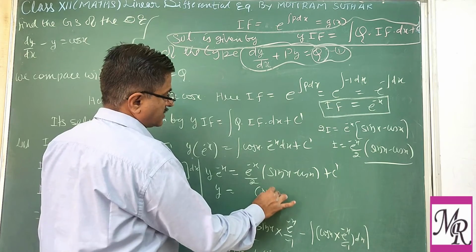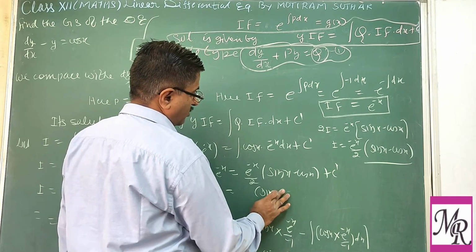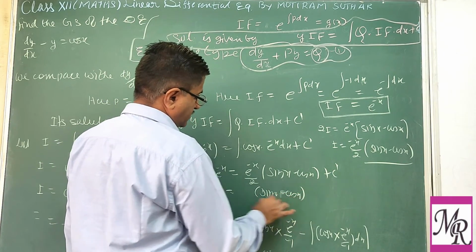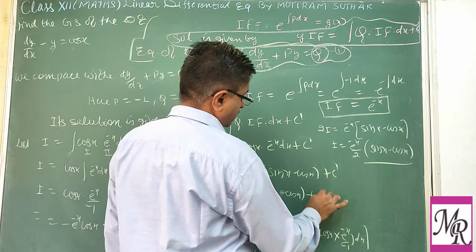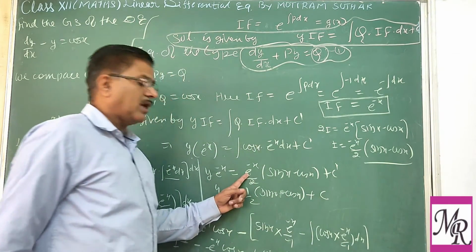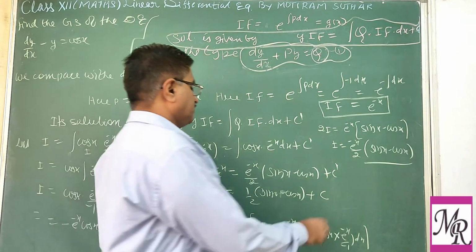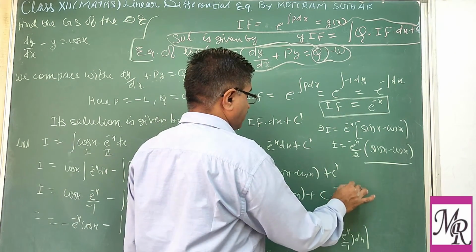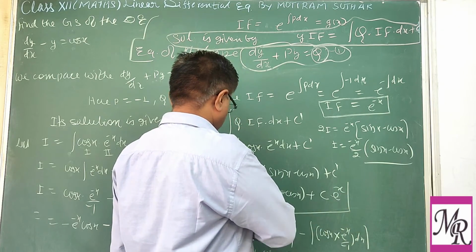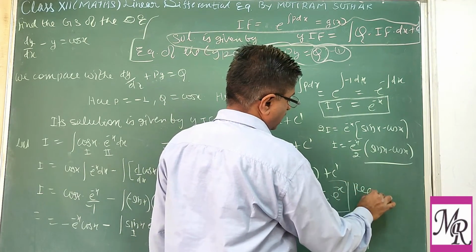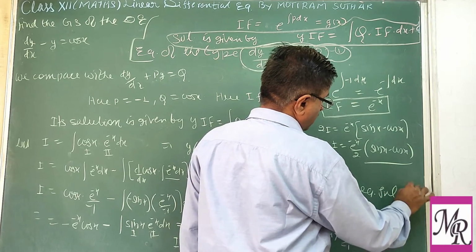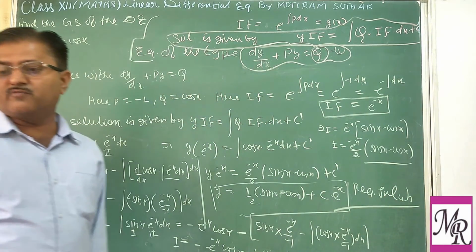So sin x minus cos x, which is the required solution. Here e power minus x in the denominator we convert into the numerator, so it is plus, because we are dividing throughout by e power. So this is the required solution of the differential equation.